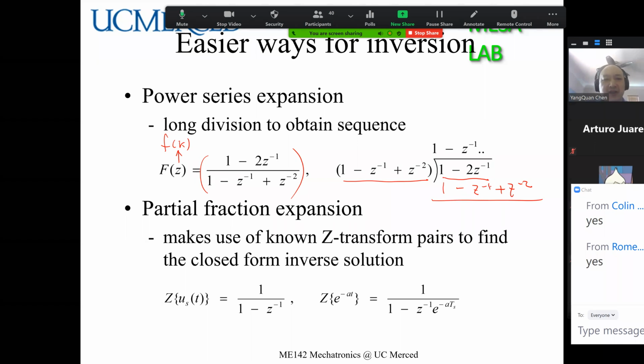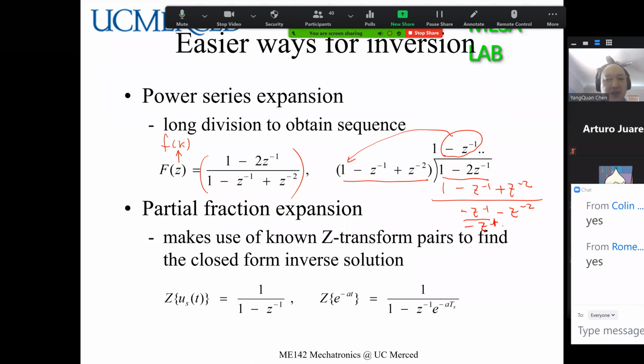Then what you get is 0, this is a minus z minus 1, this is a minus z minus 2. Because this is a minus z minus 1, I put a minus z minus 1 in here. So I'm going to get minus z minus 1, because this one times 1 is like this.